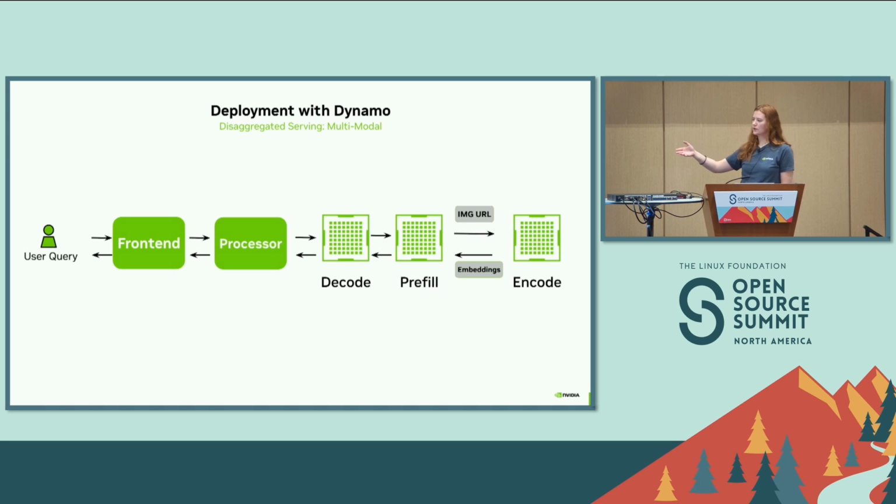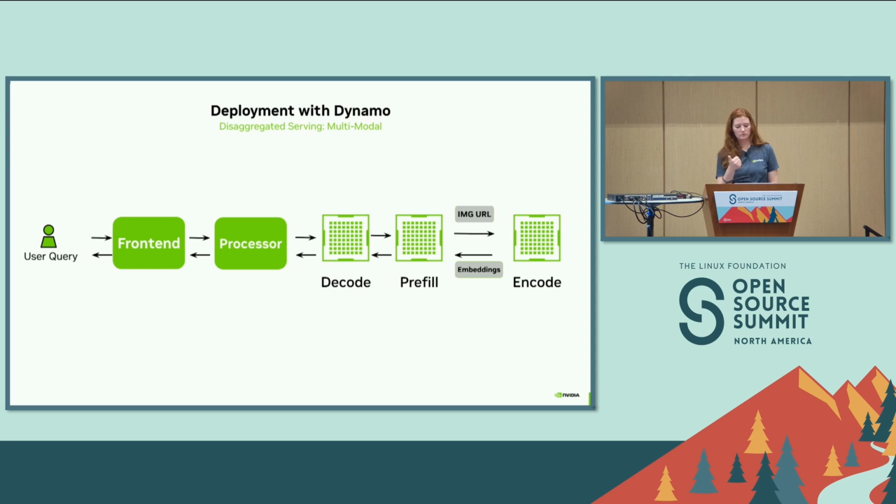When the user query comes, it hits the HTTP frontend. The task for the frontend is to pass it down to the processor, where the incoming request will be converted. The tokenizer will be applied, and the chat template, if available, will be applied.